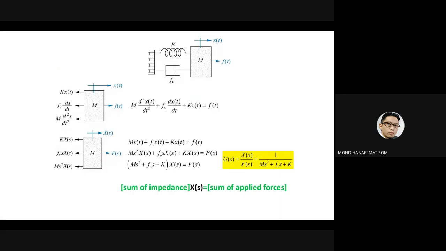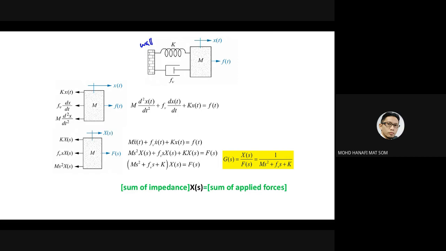All right, this is the first example here. We have three components: the spring K, the viscous damper, and the mass. And this is the wall. The wall is fixed, it's not moving. The mass M is connected to the wall via the spring and via the viscous damper.